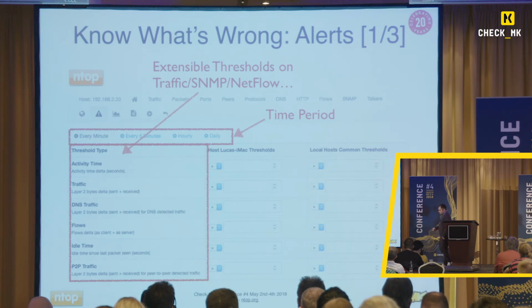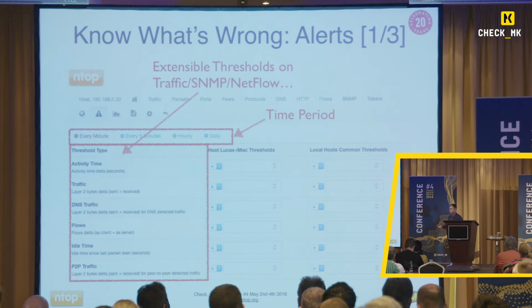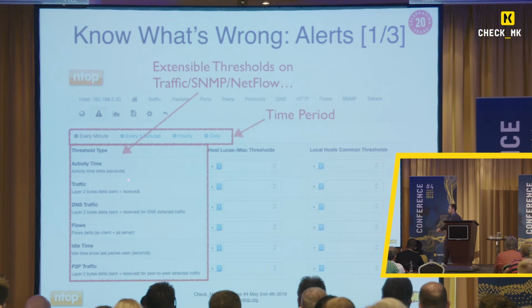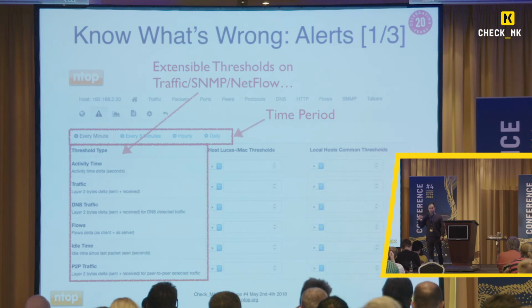Of course, it's not even close to Checkmk in terms of flexibility, but still you can define alerts for a host in terms, for example, of volume of traffic per minute, or maybe per 5 minutes. So if you know that you have a critical web server, you can set a traffic alert for your web server that it should always be at least X megabit per second. Otherwise, that could represent an anomaly.